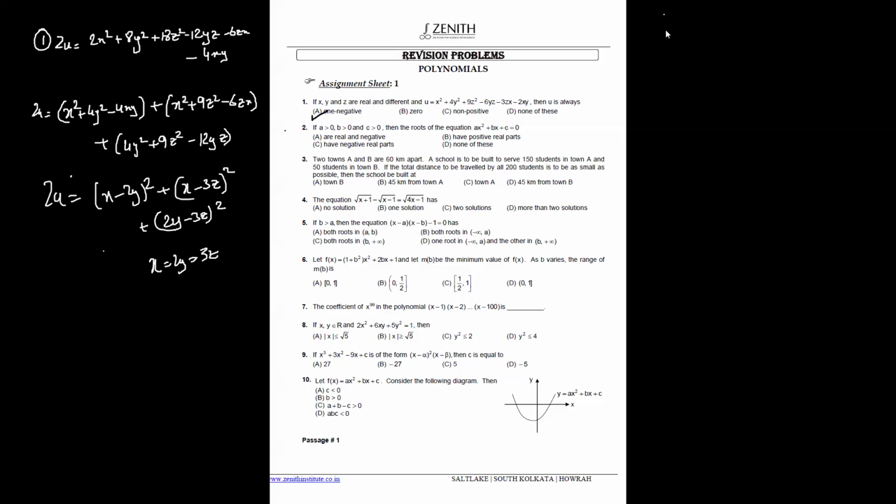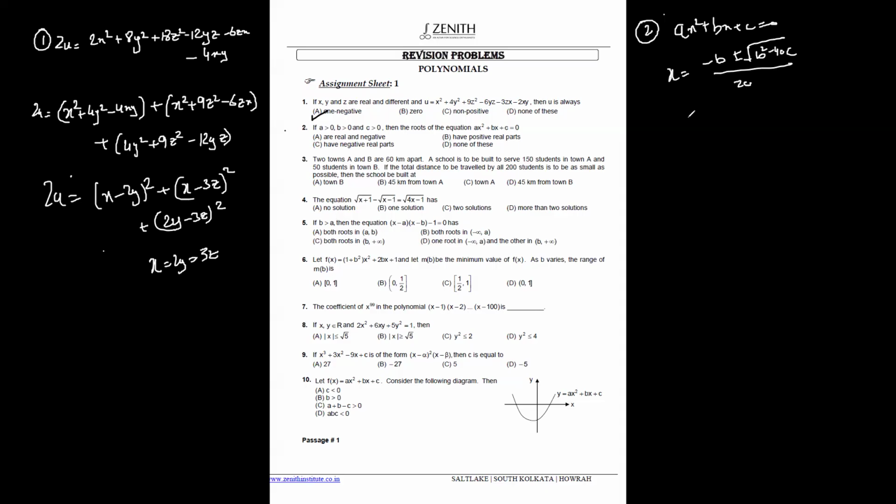Okay, then next question number 2. Negative real parts. If a, b, c are positive, then the roots of the equation... So if the roots of ax square plus bx plus c equal to 0, the roots would be in the form of minus b plus minus root over of b square minus 4ac by 2a.